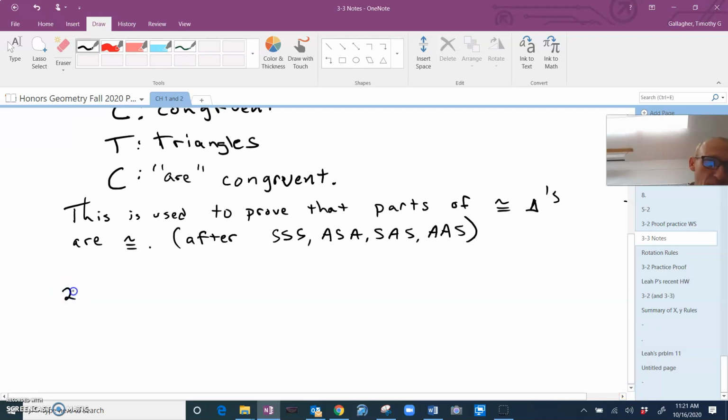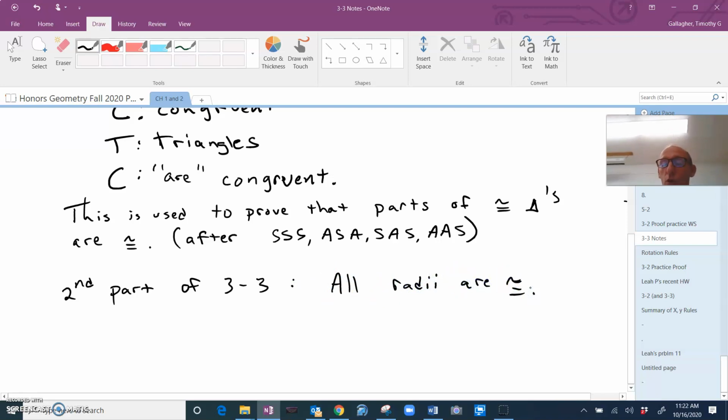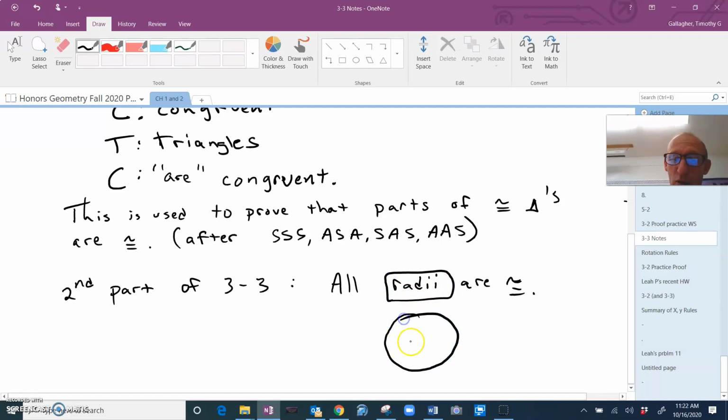The second part of 3-3 is all radii are congruent. Radii are those segments that go from the center to the outside of the circle.